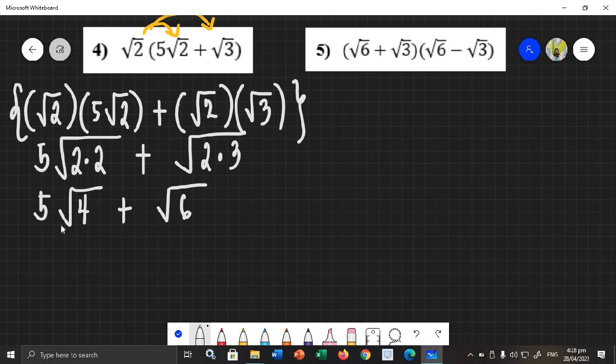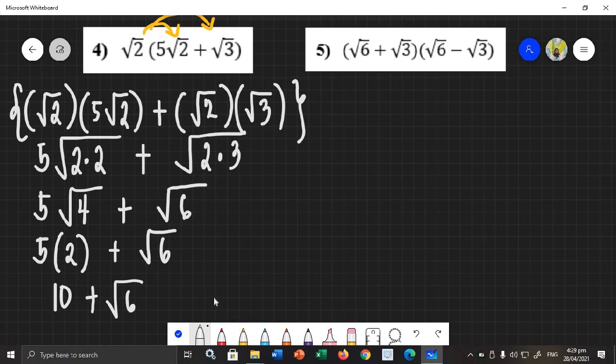We can still simplify square root of 4, which results in 2, then plus square root of 6. Square root of 6 we cannot factor out, since it has no factor that is a perfect square. Therefore, we simplify 5 times 2, so we have 10 plus square root of 6. 10 and square root of 6, we cannot combine them.